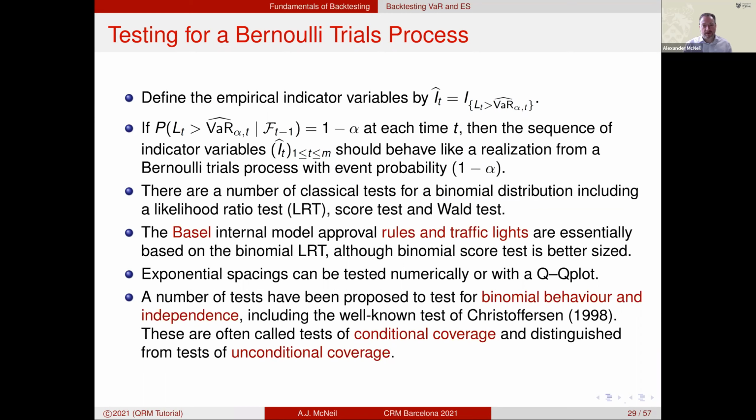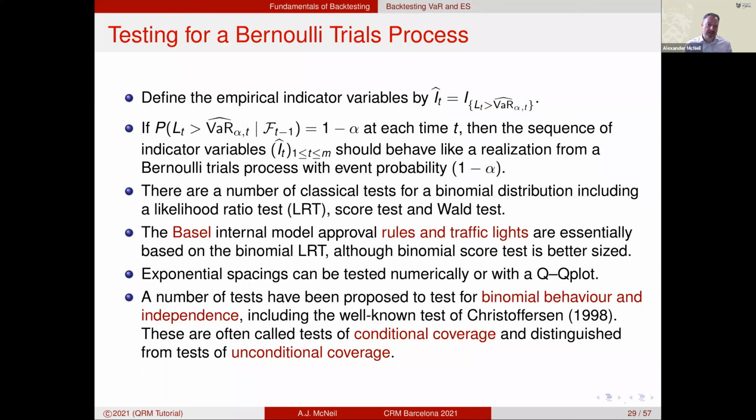You can conduct likelihood ratio tests and other tests which are called score tests or Wald tests. They're all very similar, and they're all based on similar theory. And my textbook has a number of references to standard statistics texts which go through these generic binomial tests.